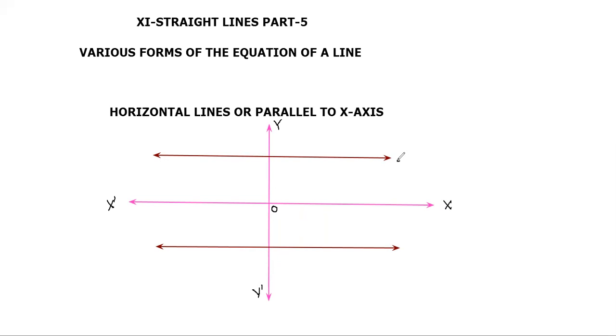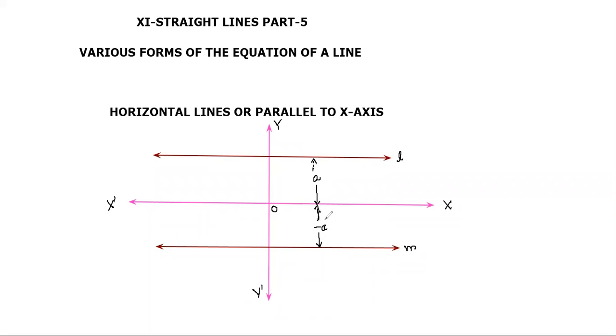And these are line L and line M. Suppose this is at a distance which we denote by A. This is at a distance A above the axis. Okay. It can be 4, 5, 6. Similarly, I have taken an equal distance below, so suppose this is at a distance minus A.